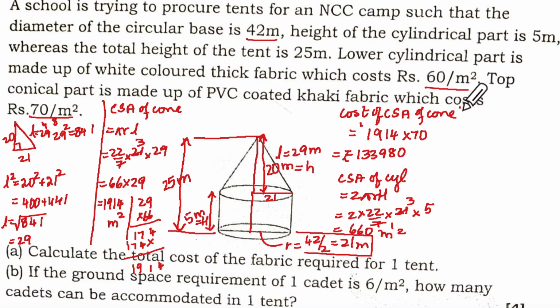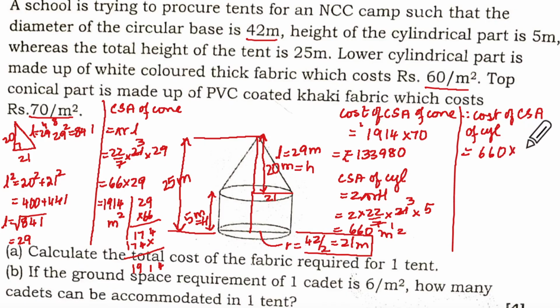So you will have therefore the cost of CSA of cylinder is going to be equal to 660 into 60. 6 6 36, 6 6 36, 39600.